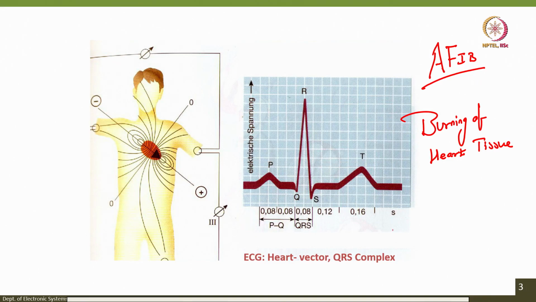In that, the doctor will place a catheter, a tube, into the heart, and it measures electrical signals.